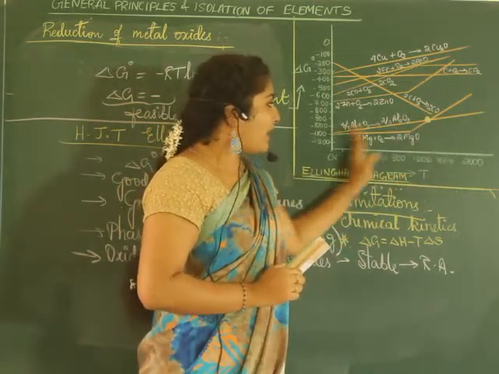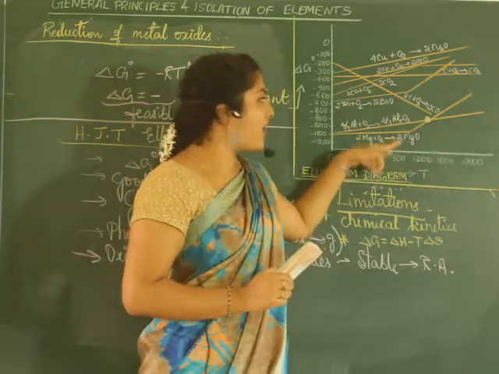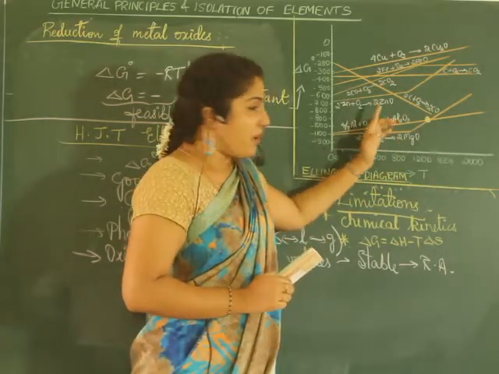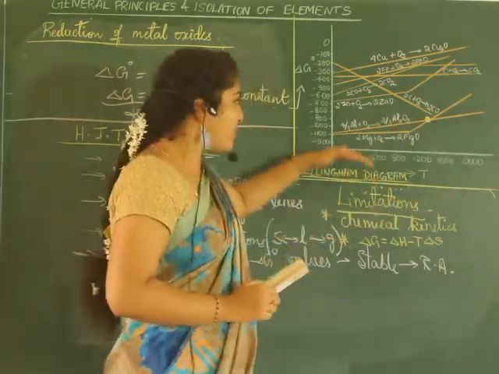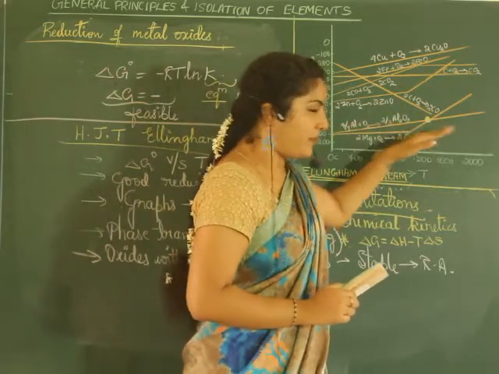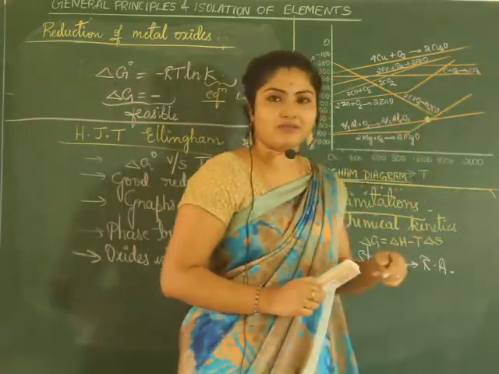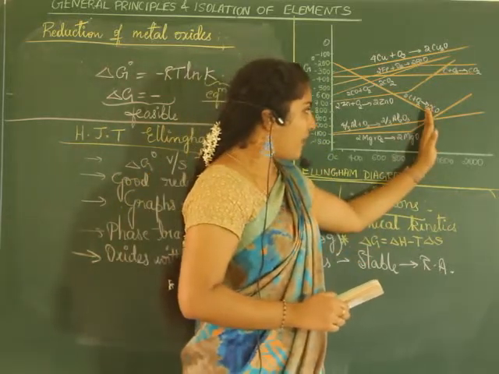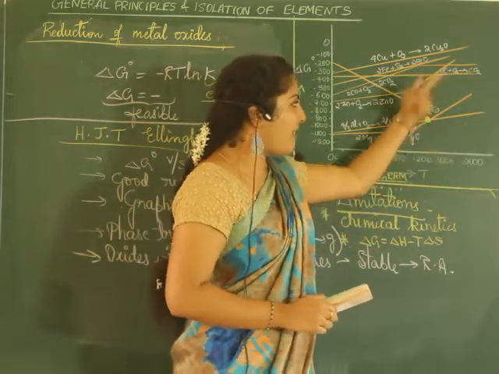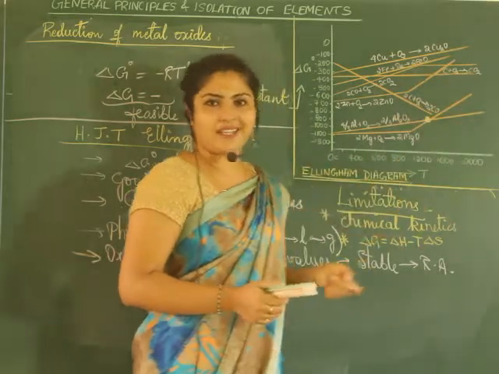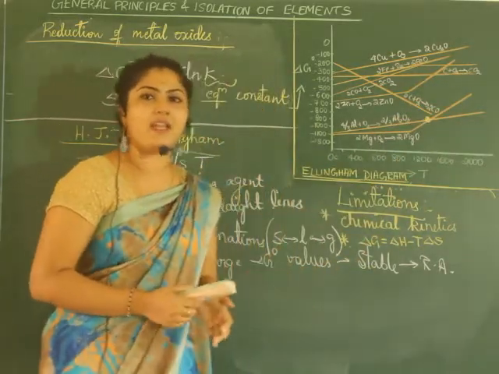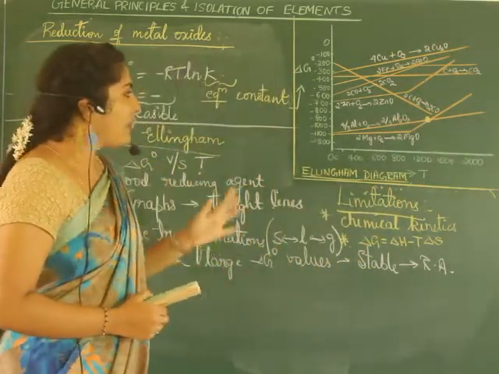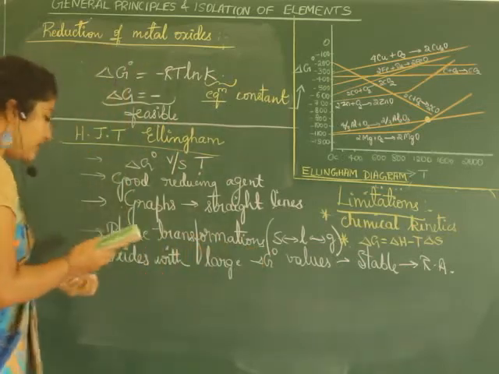Below this particular temperature, magnesium can reduce aluminium. But above that temperature, aluminium is below and magnesium is above, so above a particular temperature aluminium can reduce magnesium. That also must be considered. If you are clear with it, we'll move on to the next part.